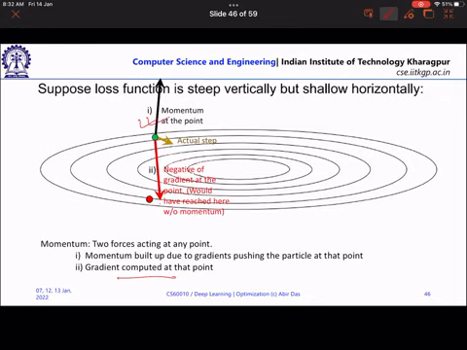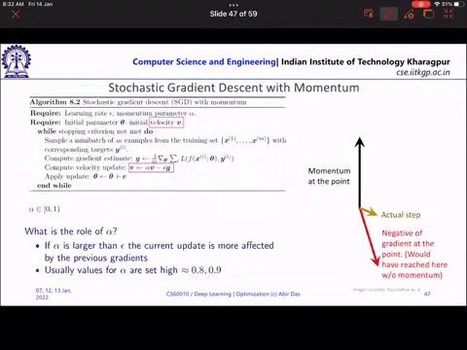Rather, if you consider both of them, then you can move towards the direction of the minima quickly. So for that, let us now go to the algorithm. This is just the analogy. I would rather refrain from going to this analogy more than in this slide. So let us go to the algorithm.